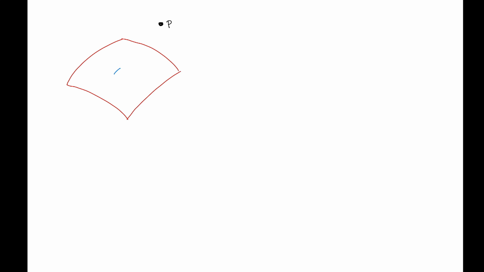Now, instead of breaking the line into a little line of charge, you're going to break this two-dimensional sheet into a little two-dimensional area, and I'm going to call that dA. You're going to figure out what the electric field is from that little area. This is our separation vector.